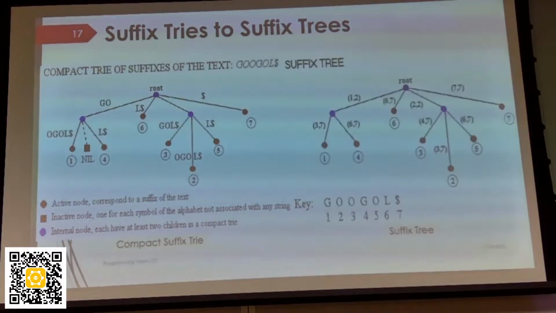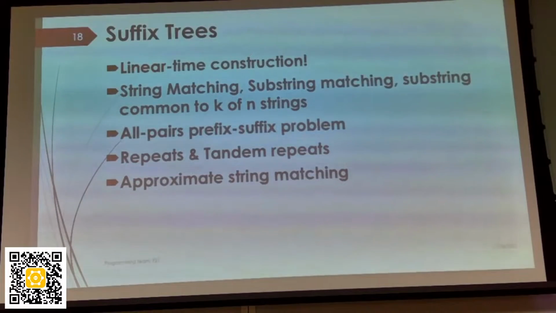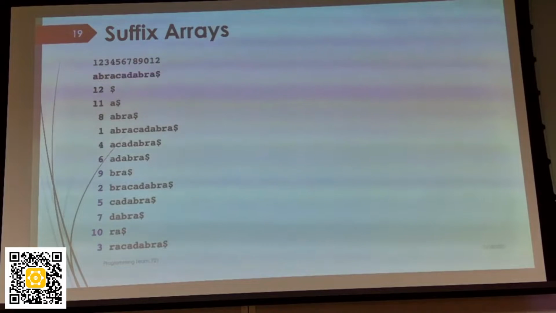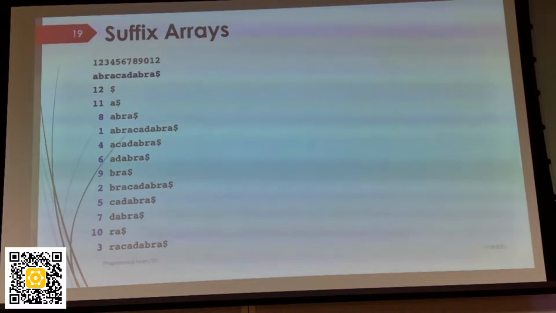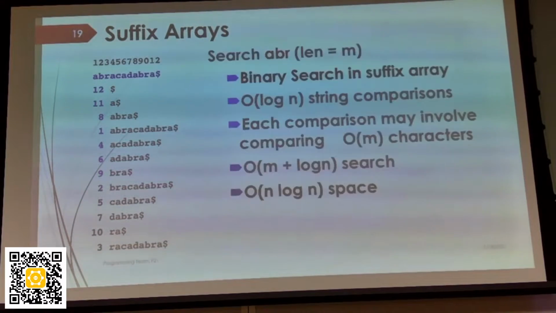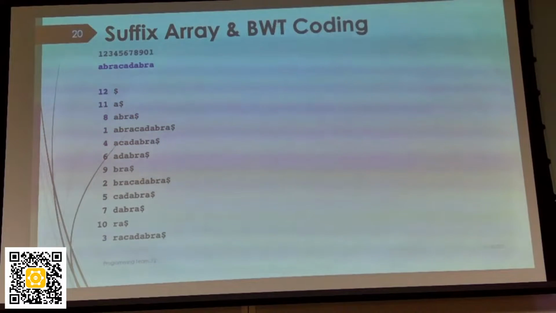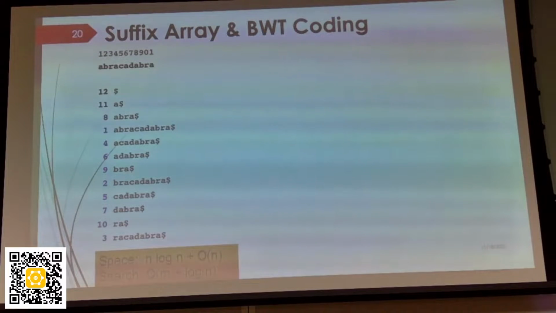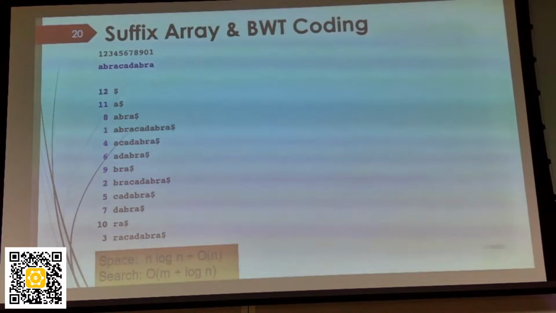So the suffix trees can be built in linear time, and the matching is very fast. From there, we can also build something called suffix arrays. From there, we can also do something called Burrows-Wheeler transform coding, which is another amazing algorithm.